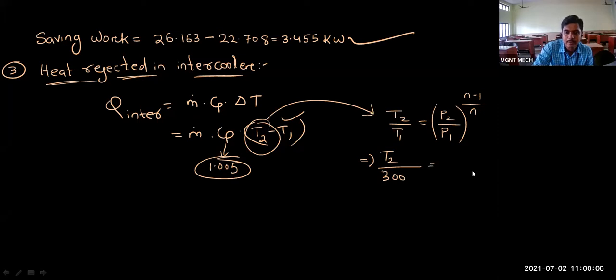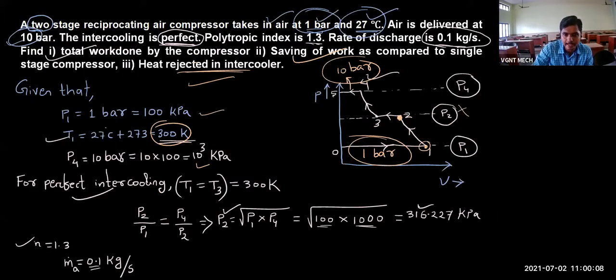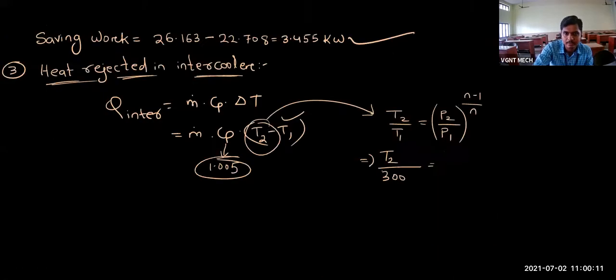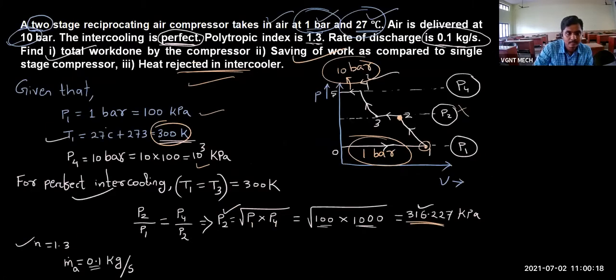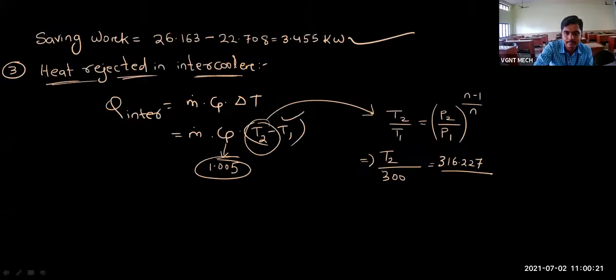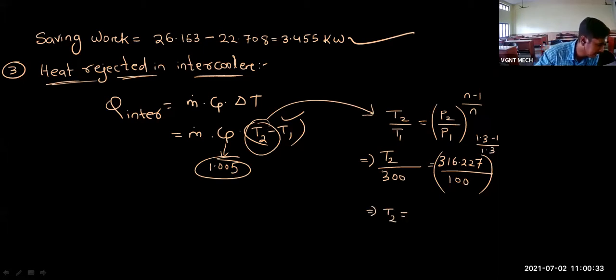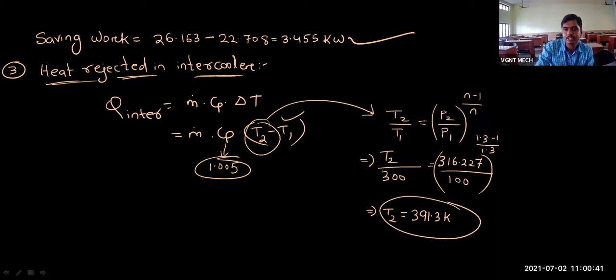P2 we have calculated as 316.227, divided by P1 which is 100 kilopascal, whole to the power (n minus 1) by n. N value is 1.3. If we solve this equation, you will get T2 value as 391.3.